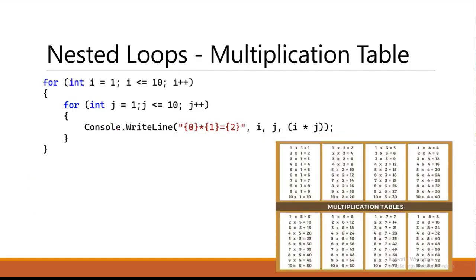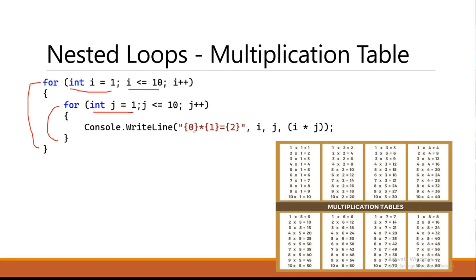A good example is the time table, a multiplication table. Here it starts first with the outer loop and the inner loop. First it takes I equal to 1 as a counter, and then if the condition is true, there is no other code in the outer loop, and the inner loop starts, j will be 1.